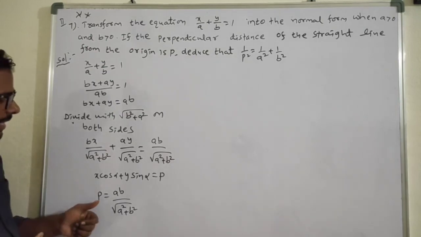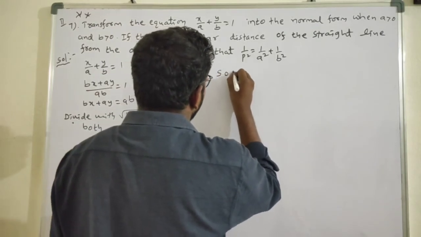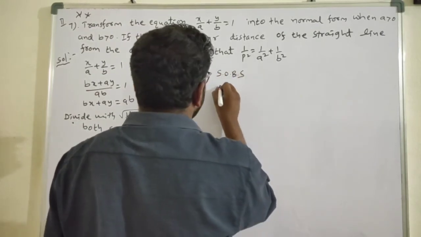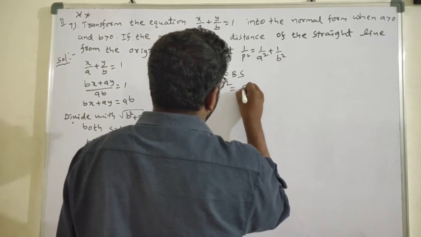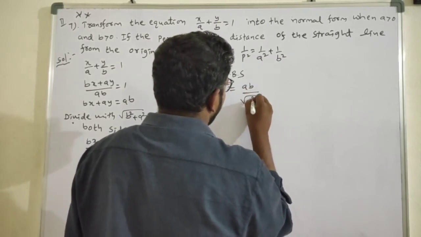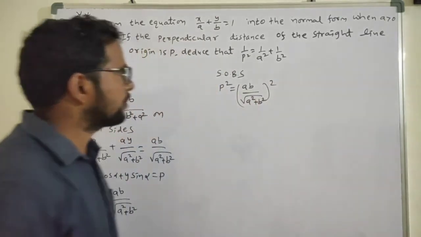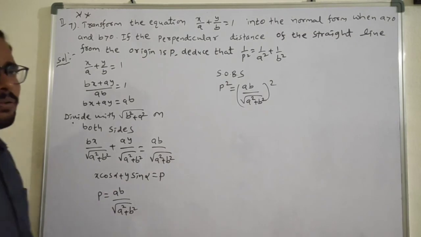Now squaring on both the sides. So p square is equals to ab by root over a square plus b square whole square.